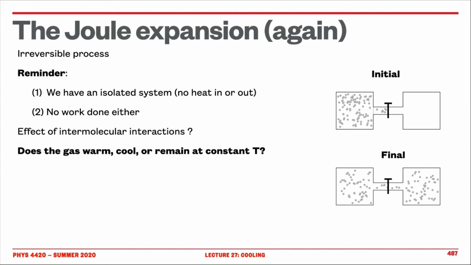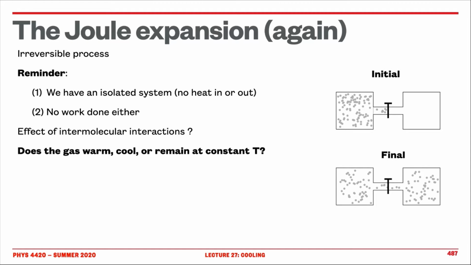Is it the case for an actual gas, for a real gas? So what we'll do in this lecture is to examine this using the van der Waals description for a realistic gas, moving beyond the ideal gas. So the question is, is the gas going to warm up, cool, or remain at constant temperature?